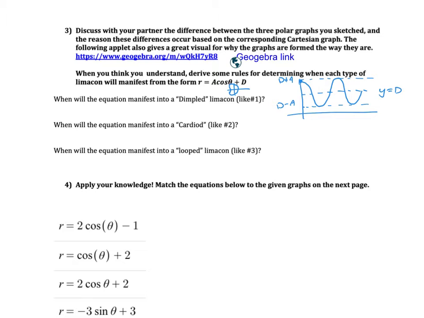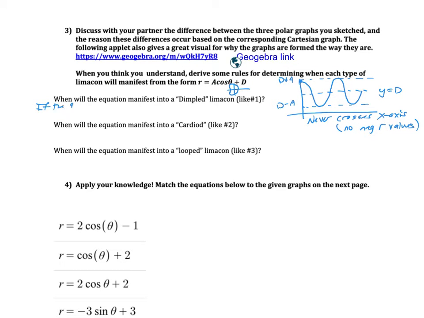When we have a graph that looks like this, the graph in the Cartesian plane never crosses the x-axis. When that's the case, we never have any negative r values, and that's when we have the dimpled limacon. So this is the way I would summarize it.